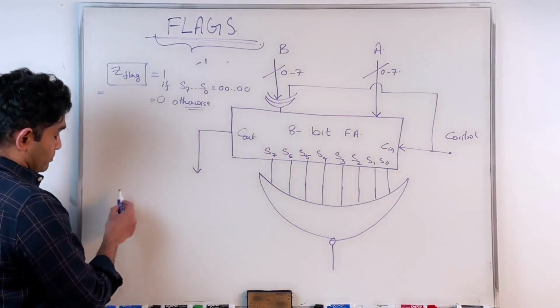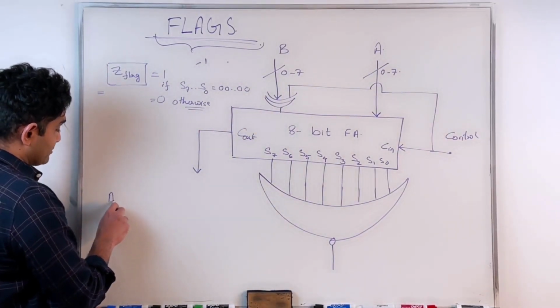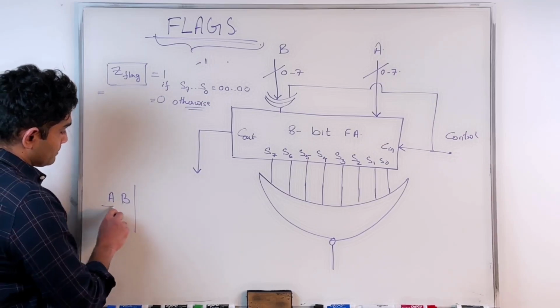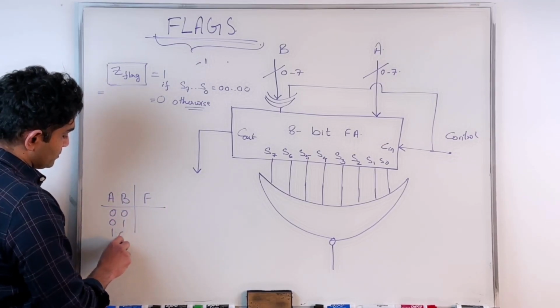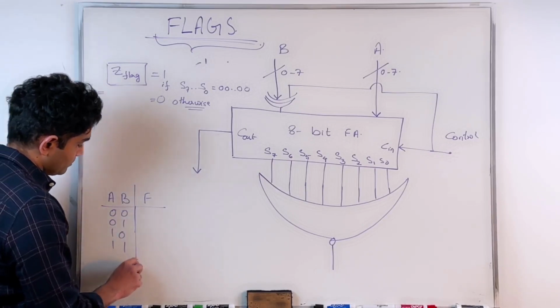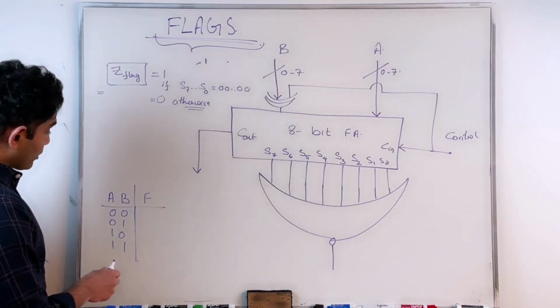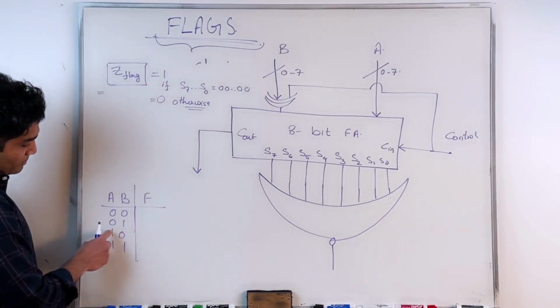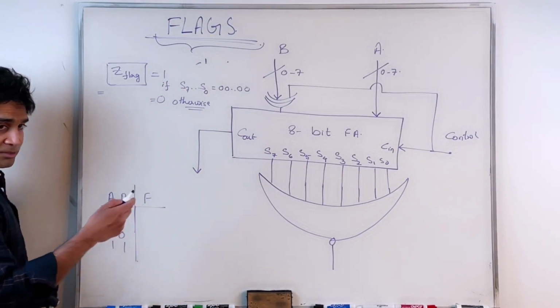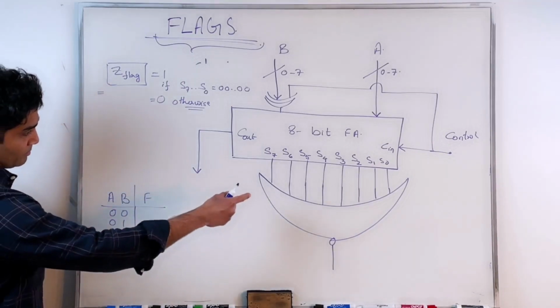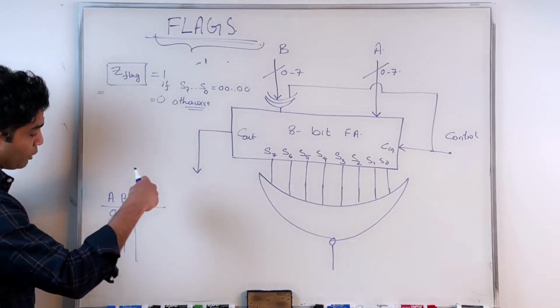That's an OR gate. Going back, I check the truth table for an OR gate. Let's say I have A and B and F: 0, 0, 0, 1, 1, 0, 1, 1. For an OR gate, if one of the inputs is a 1, then the output is 1. So the NOR gate would be the opposite, or the complement, of that.